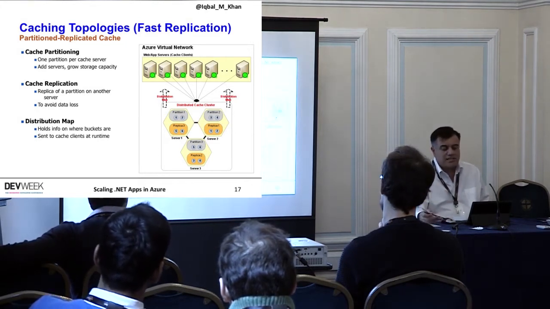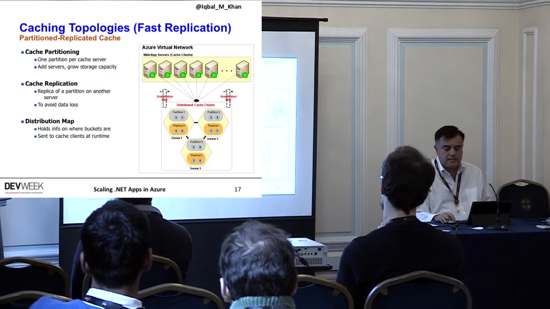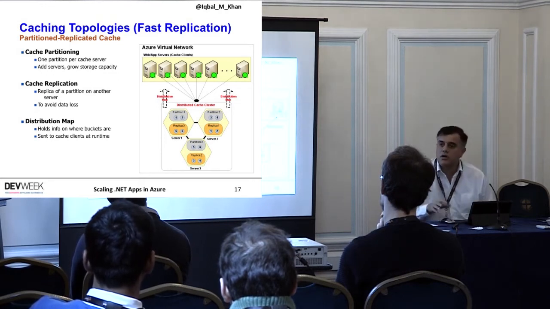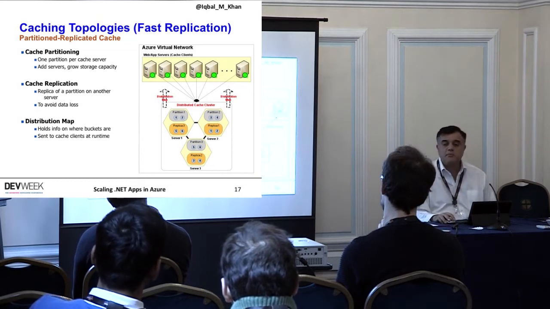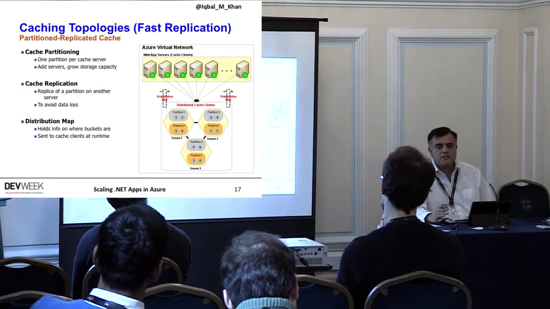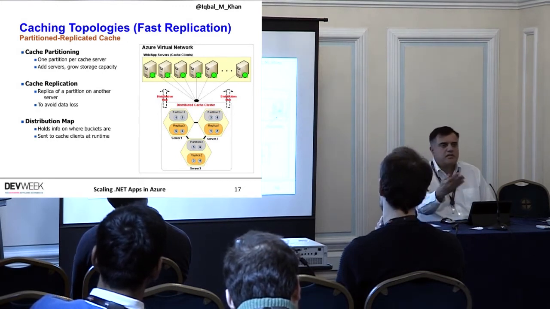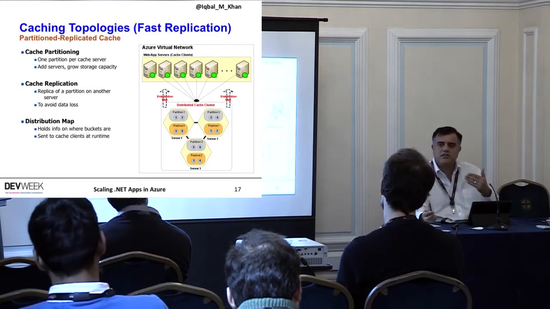Then I talked about the client cache as another feature. So the client cache is actually a cache. It's like a local cache that sits on your application or on your web server, and it can even be in proc. So it can be within your application process, but it's not a standalone cache. You could use a standalone ASP.NET Cache object, but the problem is then it's not synchronized.